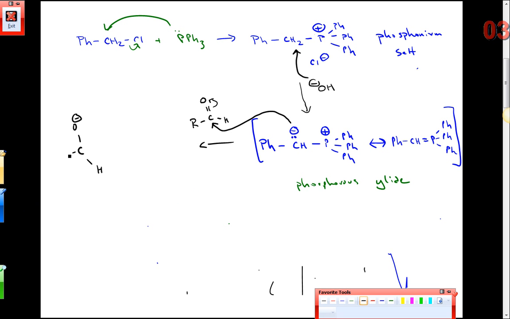We're going to end up with an initial product that looks like this, where we have the new carbon attached, we have the phenyl with the 3 phosphines and the plus charge, and then that carbon has the hydrogen and the other piece that we're attaching coming off, and then from there this is going to form a 4-membered ring intermediate. So we're going to end up with an intermediate that looks like this.